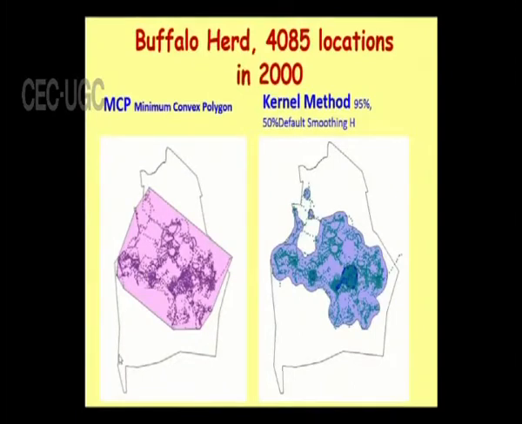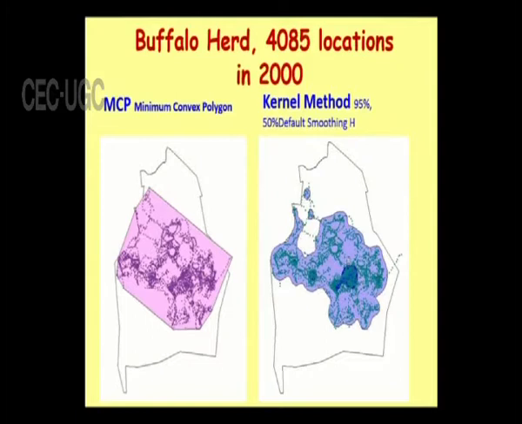Both are connected, and therefore what conclusion have we come to? The buffalo herd had 4085 locations in 2000, and therefore there are 4085 locations where the buffaloes are available, and that is called the habitat of that particular animal.